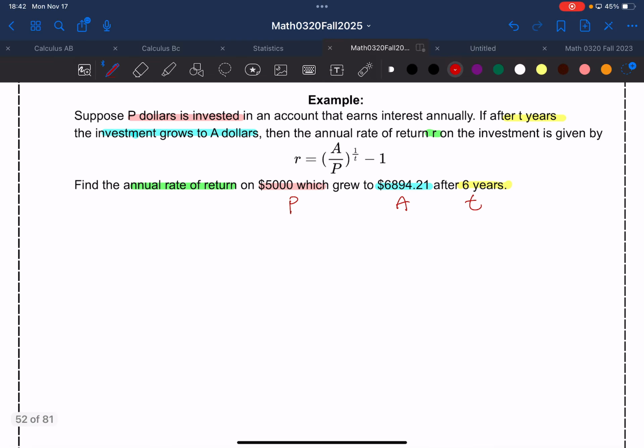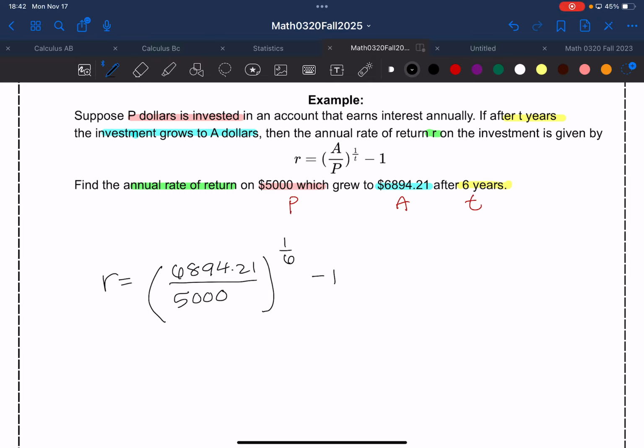So I'm just going to plug everything in. So I have R is equal to A, so 6,894.21, divided by P, which is 5,000, to the 1 over 6 power minus 1. So what we're doing here is we're using those properties of exponents, specifically the power of the quotient, to give that 1/6 power to everything inside those parentheses.